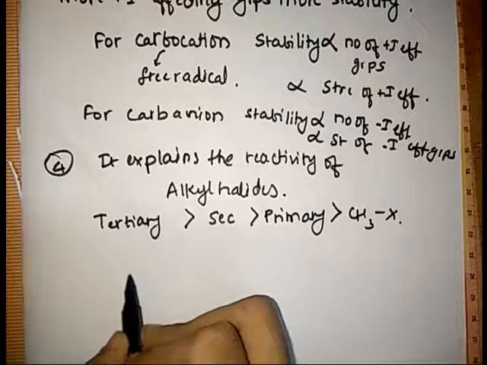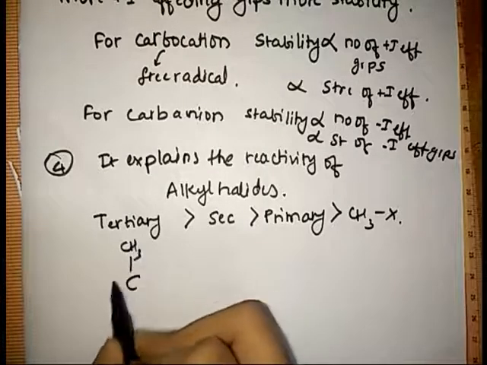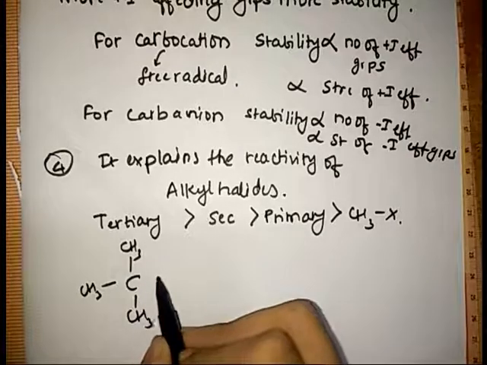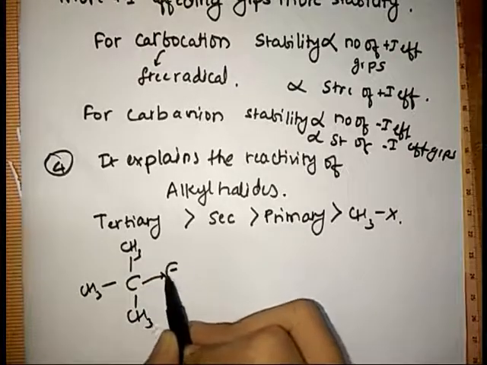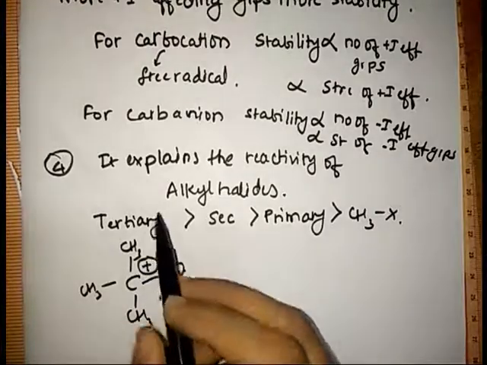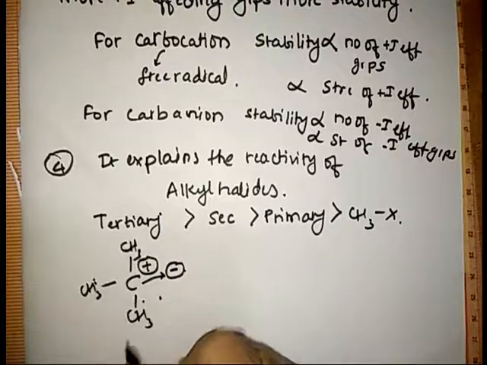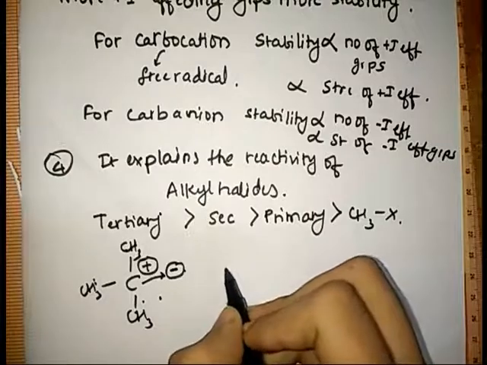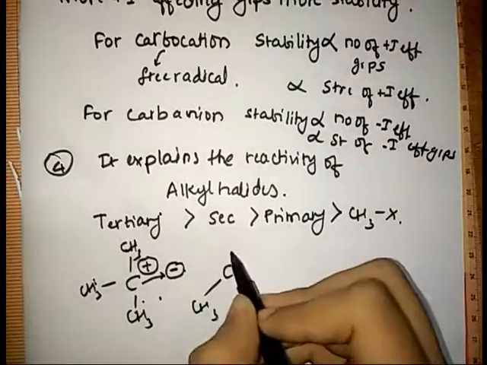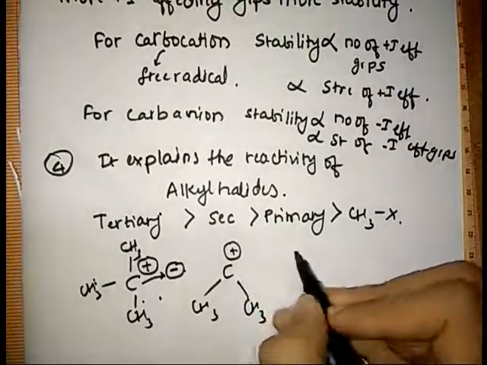If an alkyl halide is a tertiary alkyl halide, if it donates an electron, then it will be a carbocation. Now the carbocation is stable as it has three plus I affecting groups. The secondary carbocation formed here is stabilized by two plus I affecting groups.